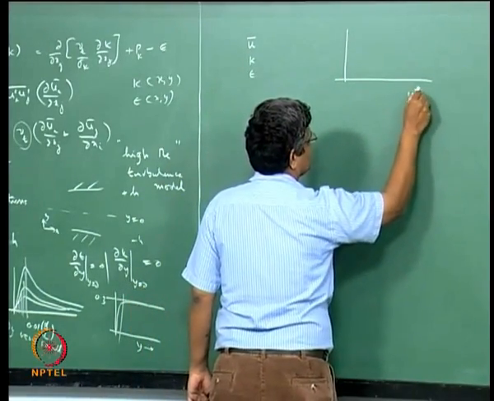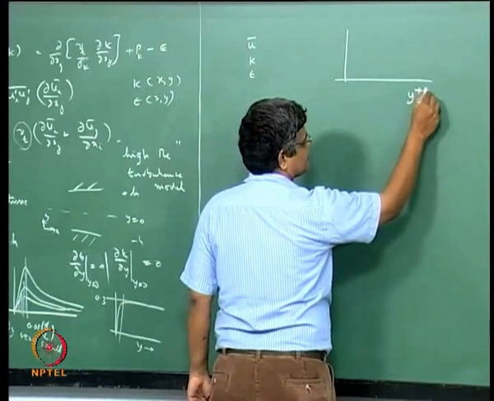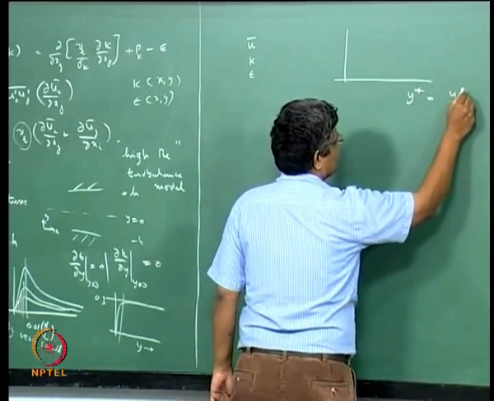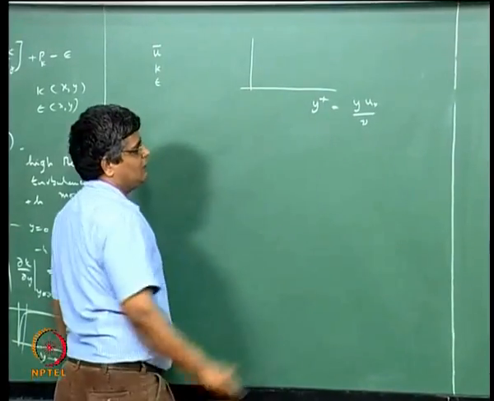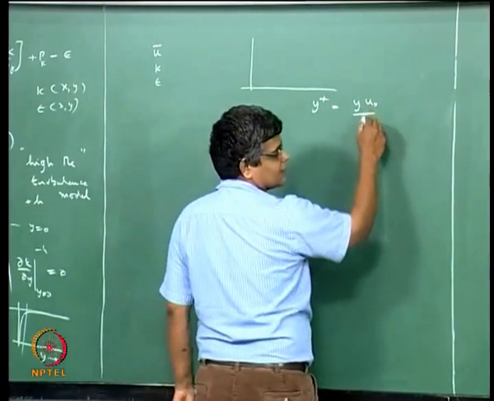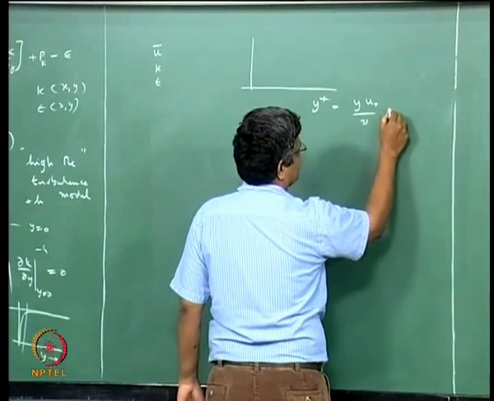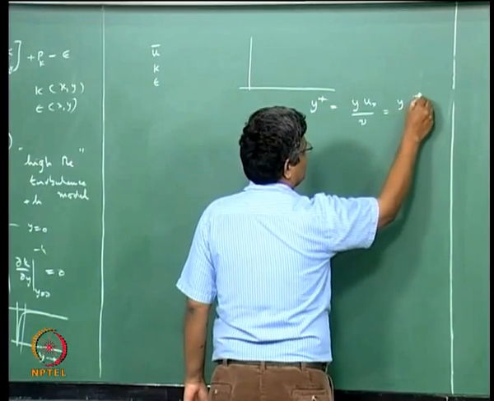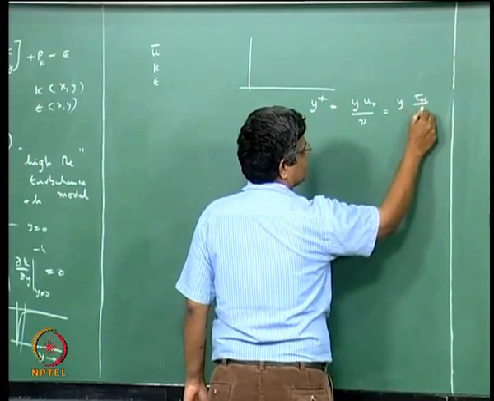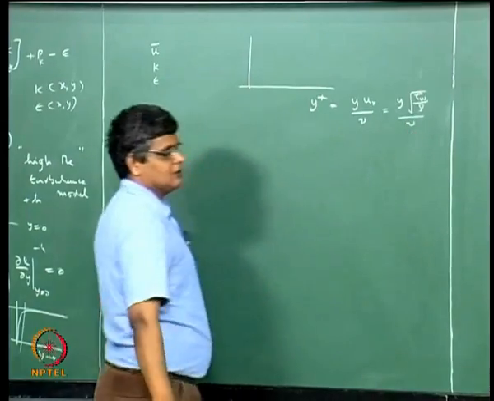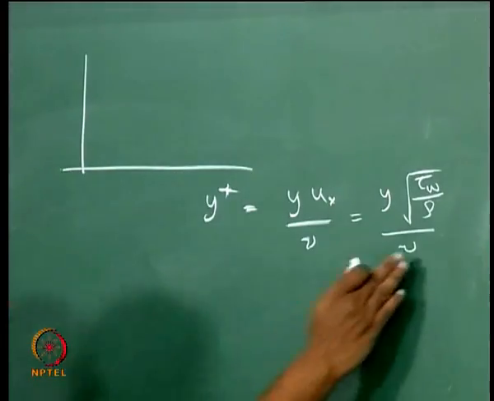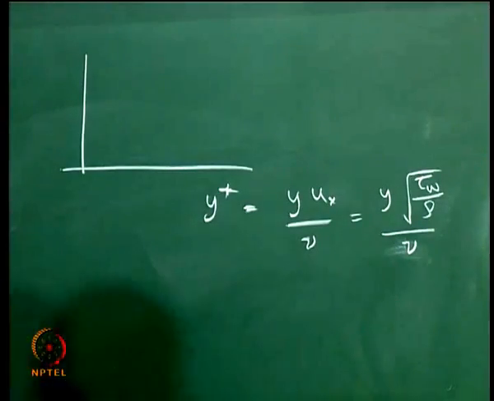dimensionless quantities y plus, which is defined as y u star divided by nu, where u star is the friction velocity and that is given as the square root of wall shear stress divided by rho, and nu is the kinematic viscosity of the fluid.